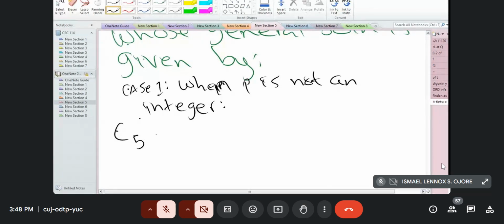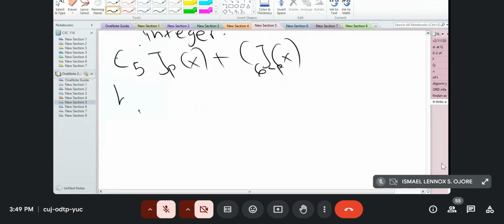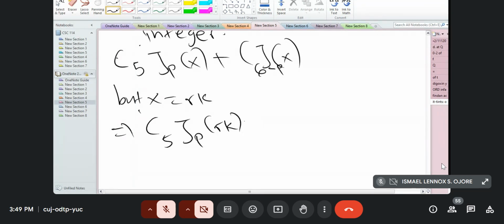So C5 Jp of x plus C6 J minus p of x, where x equals rk. So this implies C5 Jp of rk plus C6 J minus p of rk.